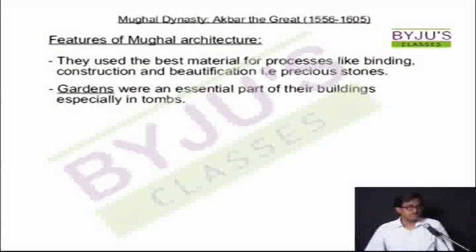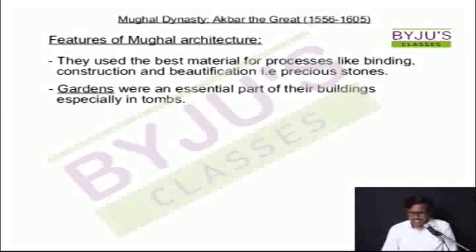planned, not only for beautification but also based on a concept that heaven in the Islamic world is described as full of gardens. So the Mughal kings wanted to replicate heaven on earth.